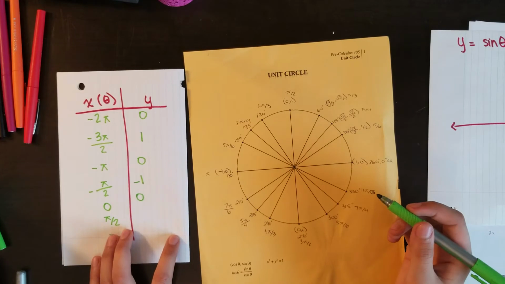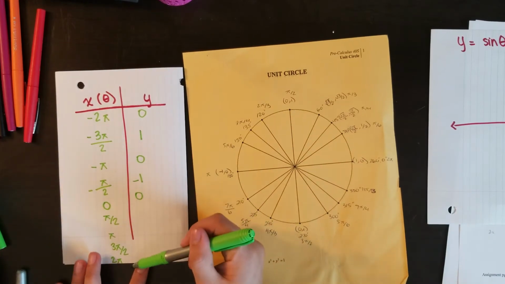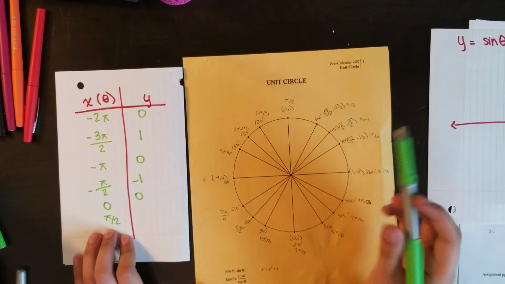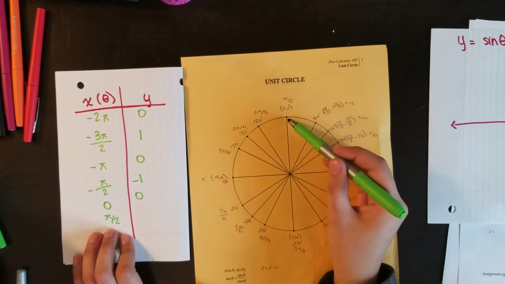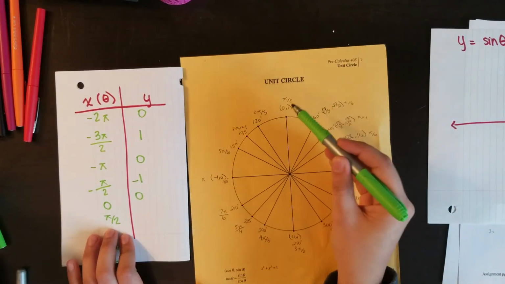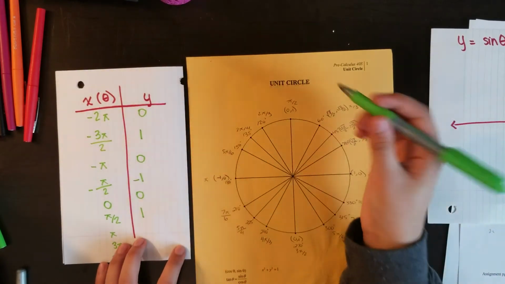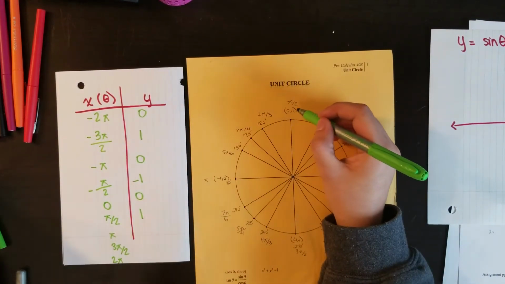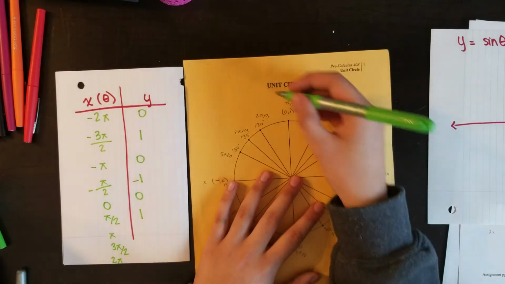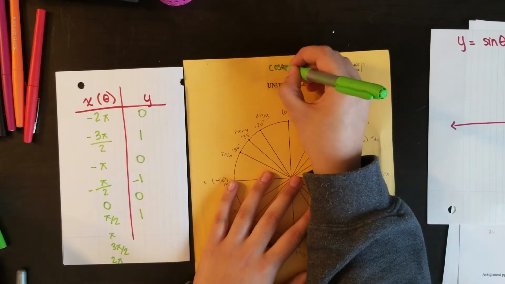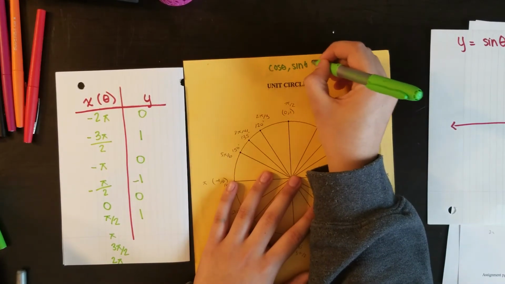Now I have pi over 2, and this time I'm going counterclockwise. So counterclockwise, pi over 2, which is 90 degrees, is 0 and 1, which means my sine value is 1. Remember, the second value of your coordinates is your sine value, because you always go cos theta, sine theta.